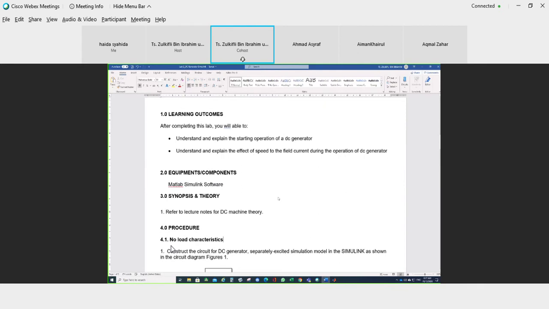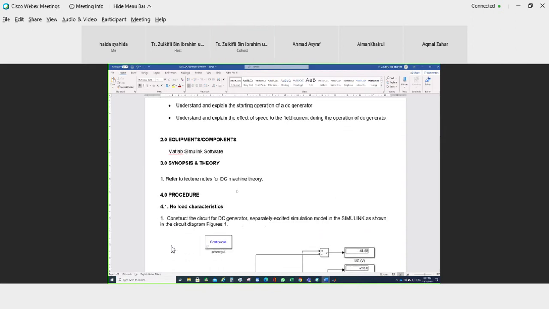And kita masih lagi menggunakan MATLAB Simulink. Dan for the theory of this DC generator, you may refer to the lecture notes dan juga ada material that you find suitable for the knowledge that you need. Okay.